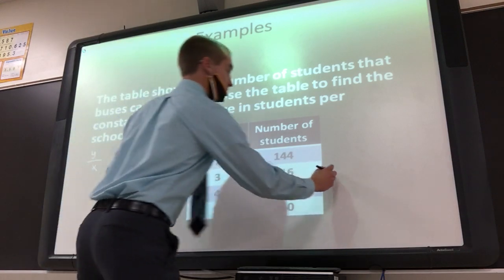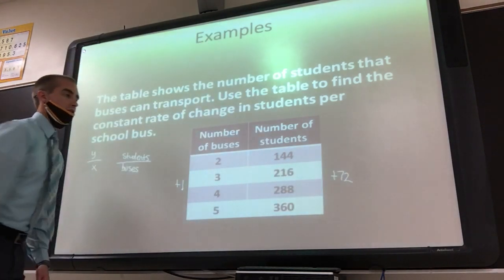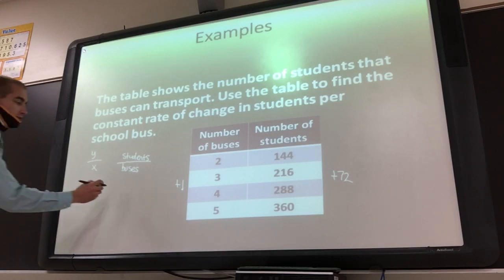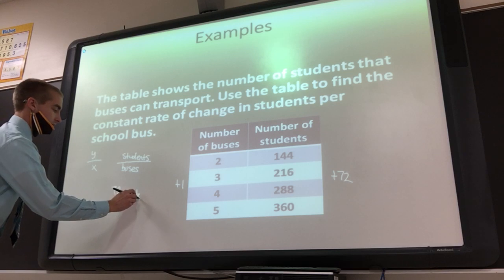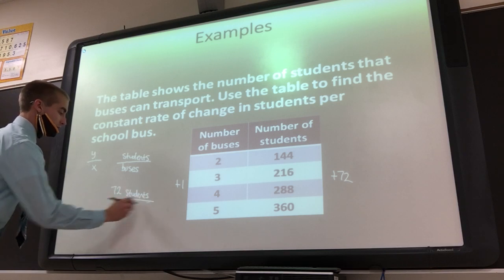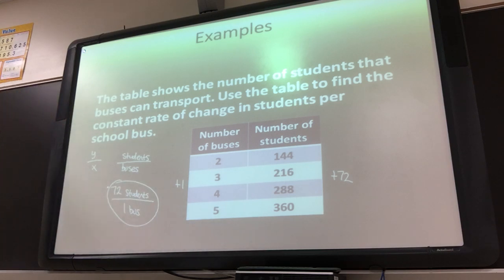Plus 72. And then number of buses is going up by 1. So this one's going to be easy because, to simplify it, it would just be 72 students per bus, or every one bus. Good. And that's that constant rate of change, going up by 72 every time.